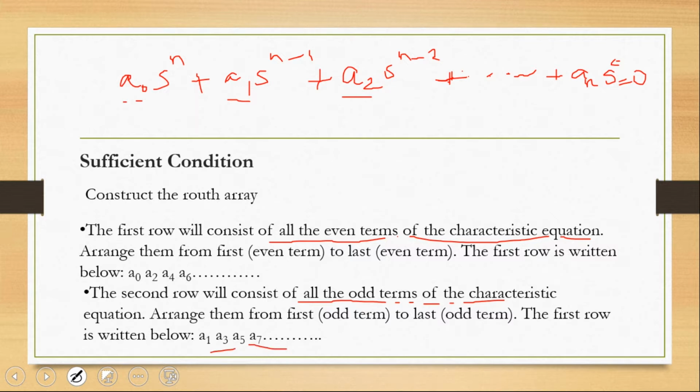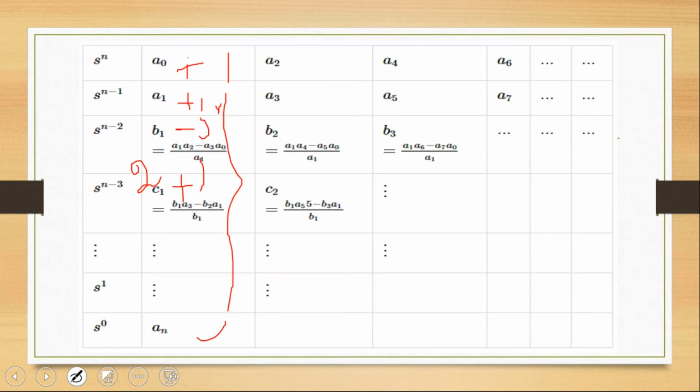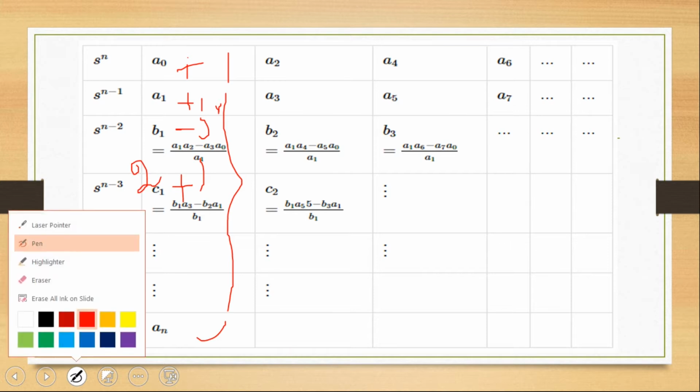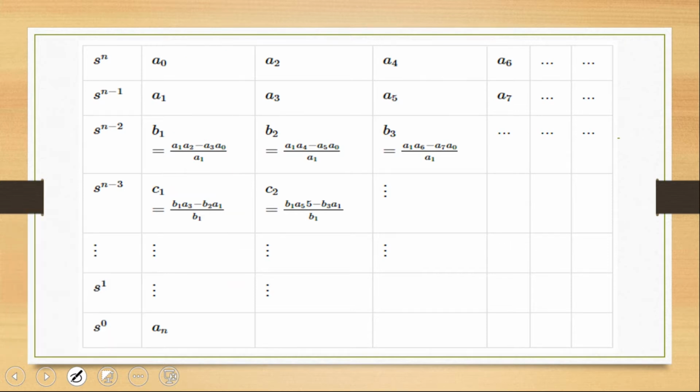Now, by looking at the characteristic equation, we can write the first row and the second row. Based on the first row and second row, we have to write the third row. So we'll see how to write the third row elements. If you look here, in the first row we have a0, a2, a4, a6, all even terms.